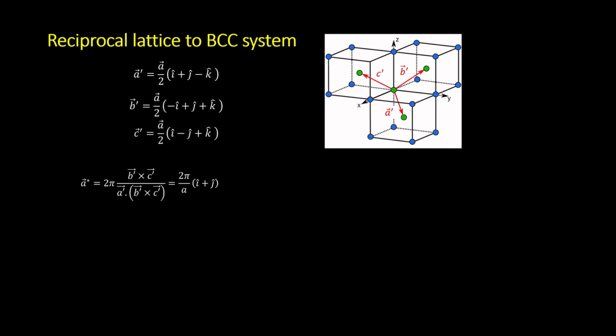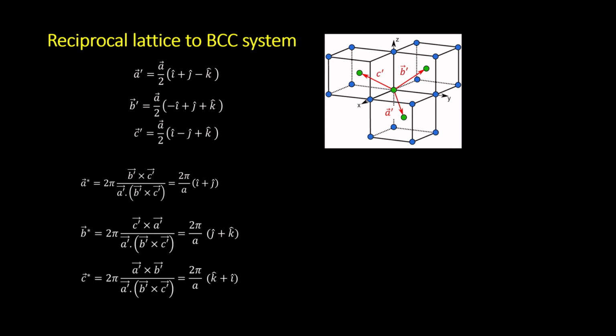The primitive translation vector A star of the reciprocal lattice is defined by this same standard expression. If you substitute for A prime, B prime and C prime from the top expressions, we get A star equal to 2 pi by A into i plus j.